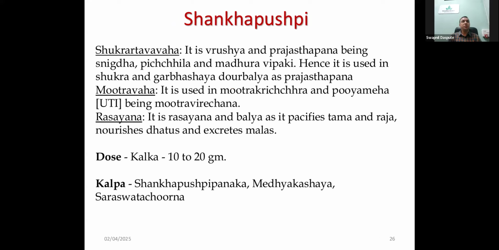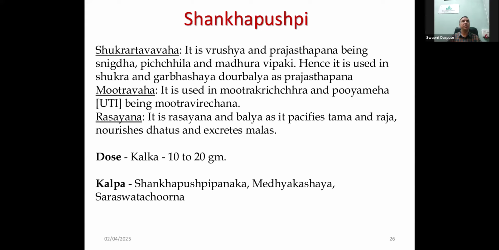Shukrartava Vaha Srotas, it is Vrusha, Prajasthapana being Snigdha, Pichila, and Madhura Vipaki. Okay, Vrusha, we know it increases libido. Prajasthapana is helpful in the implantation and preserving the pregnancy.